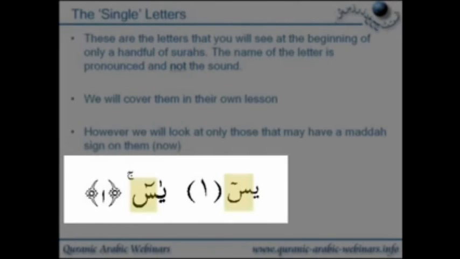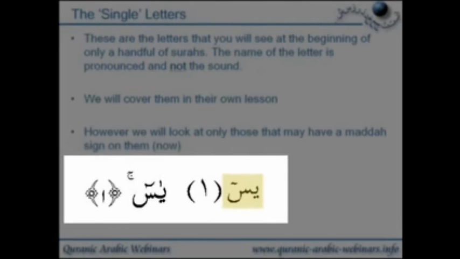And there's the rule, or there is no real rule, you just have to know there's certain letters that are always 6 long and they will always carry the madda sign. The other ones will be 2 long, and sometimes they don't carry any sign at all, and sometimes they'll carry the dagger alif. So the first example here of Yasin is the ya with no sign on it at all, i.e. no vowel sound, so we know it will be 2 long.